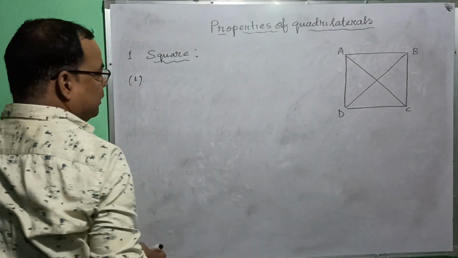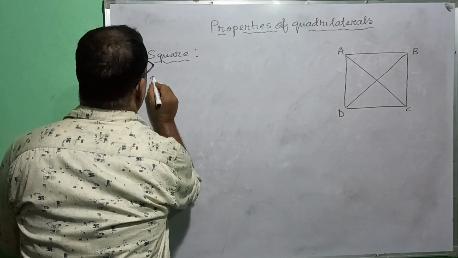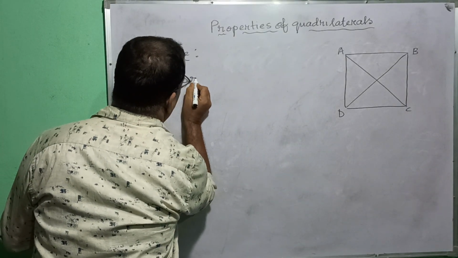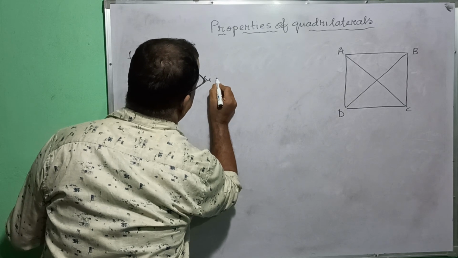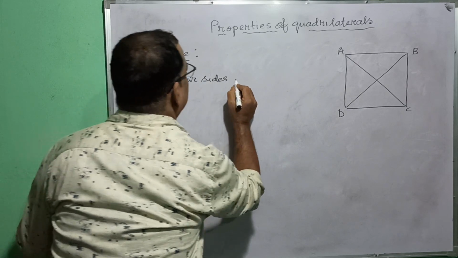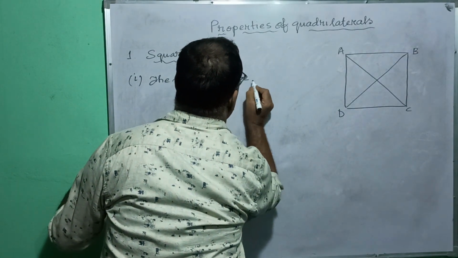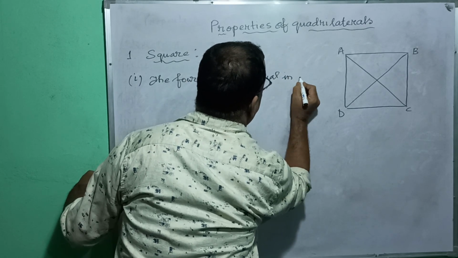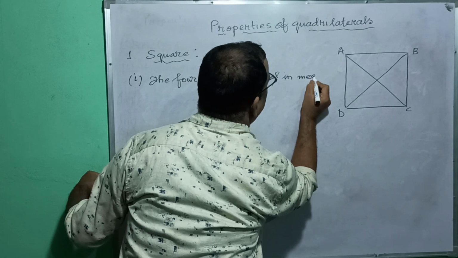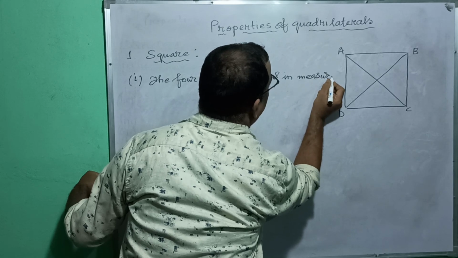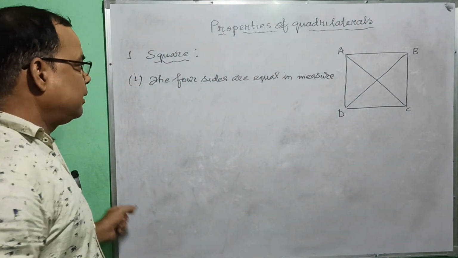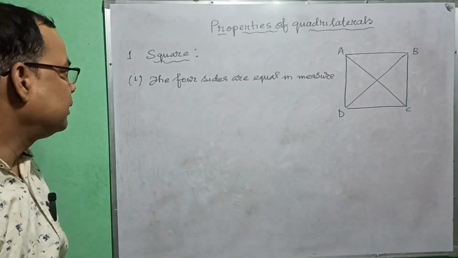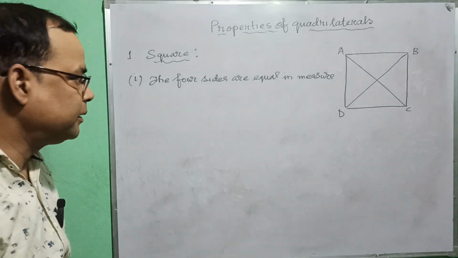As the first property, we can write: the four sides are equal in measure. So in a square, the first property I have written is that the four sides are equal in measure.